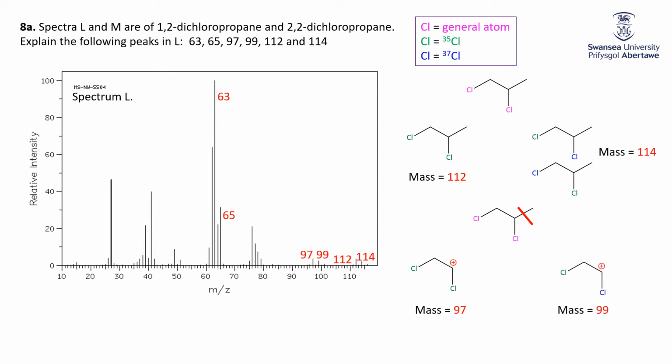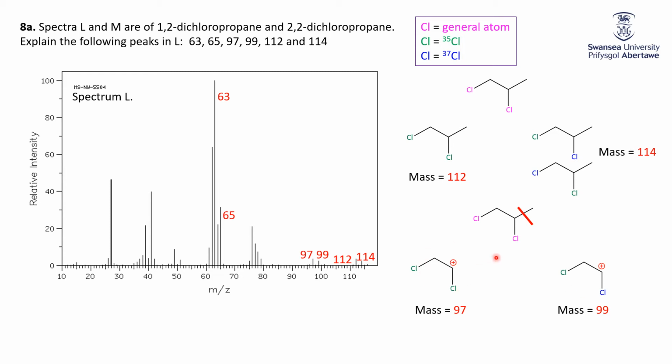And again, having one or other of them, I won't necessarily draw both of them, where either that one or that one is chlorine 37. Okay, and again, you see it's not a 1-to-3 ratio because there are two possibilities for this one. The blue chlorine could either have replaced this chlorine or replaced this chlorine.